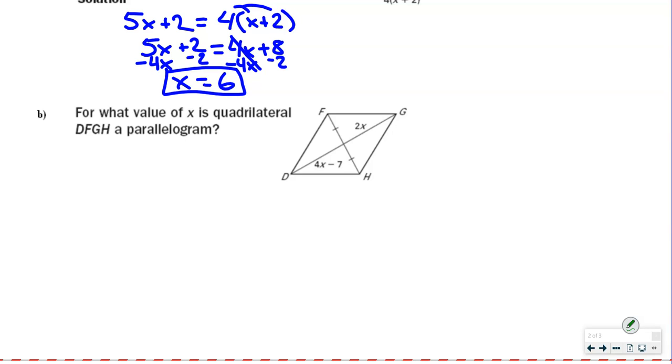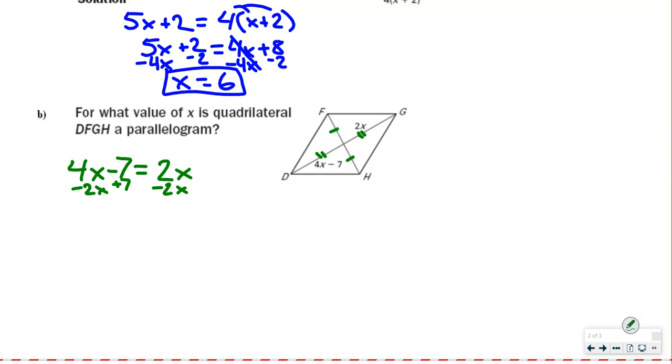So already on FH, we see that it's split up into 2 congruent segments. So we need to find the value of x that makes those 2 segments congruent. So we'll set them equal to each other because they need to be congruent. So 4x minus 7 equals 2x. We want to get x by itself, so I can subtract 2x from 4x.